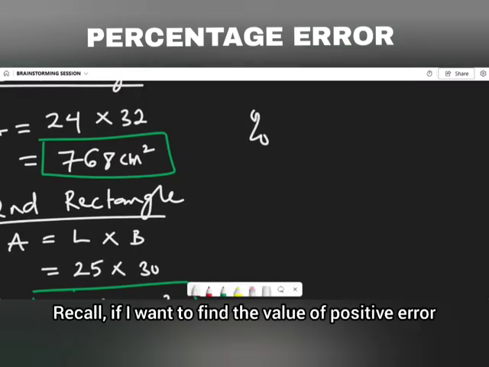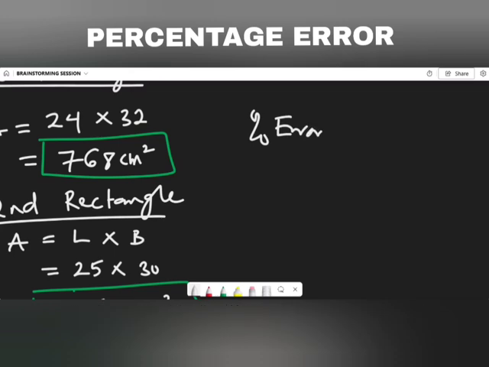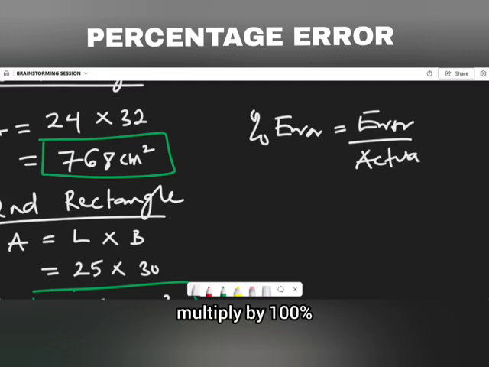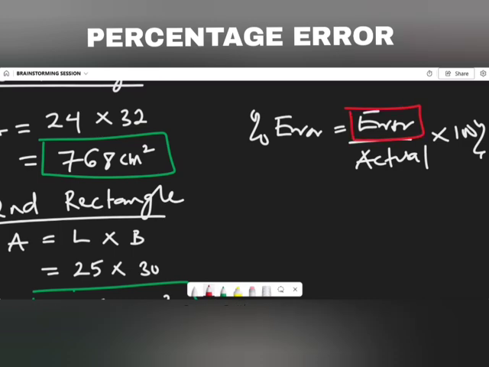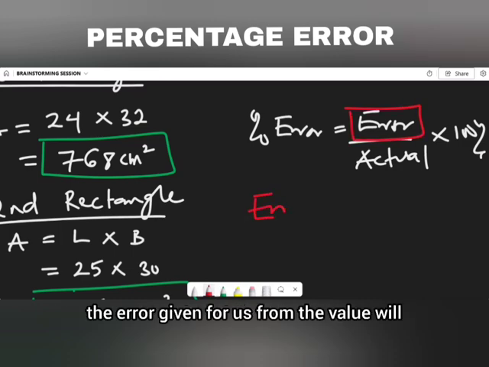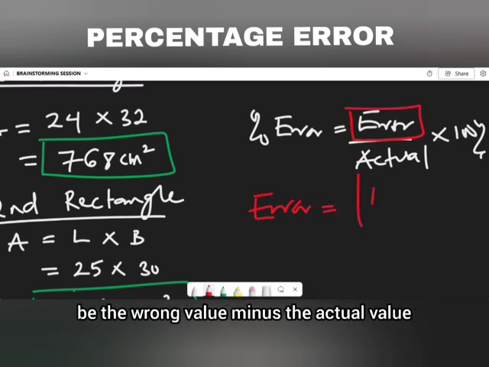Recall, if I want to find the value of percentage error, it always equals the error over the actual, multiplied by 100%. So now we need to get the value of our error first. The error will be the wrong value minus the actual value.